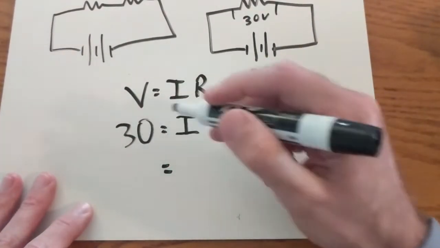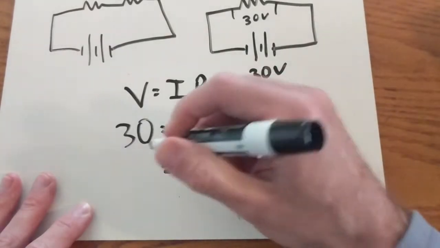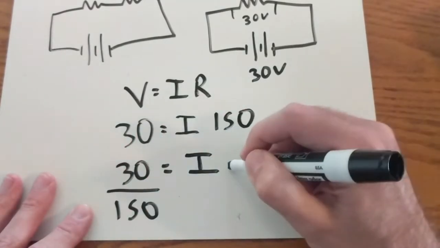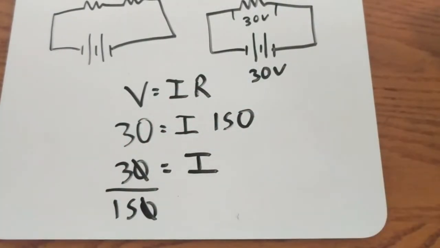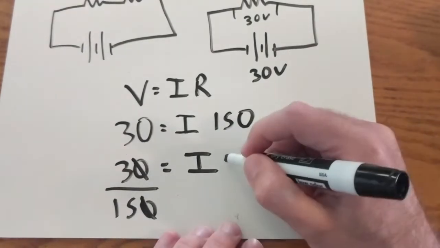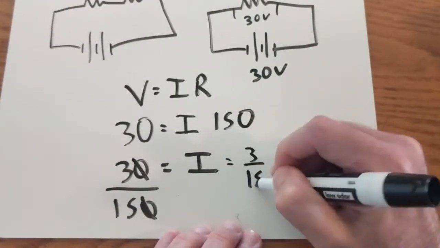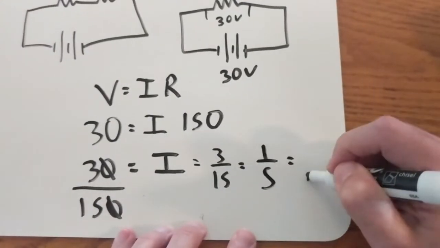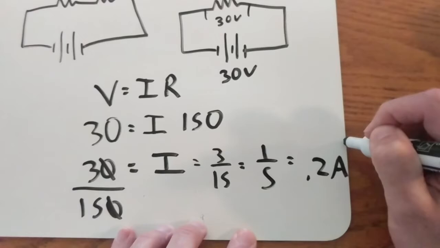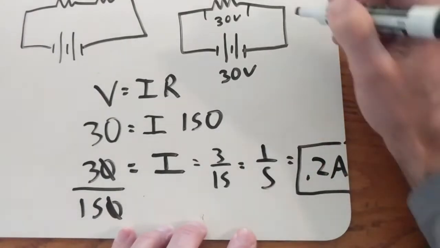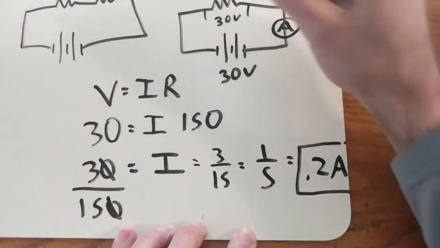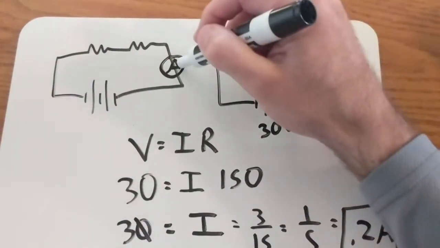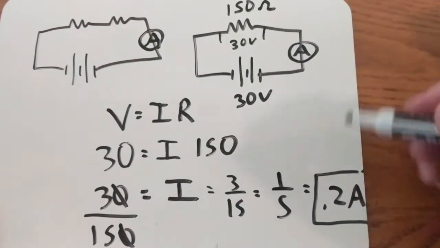The 150 is divided down over there, second grade algebra. 30 divided by 150 is, notice how those zeros will cancel out each other, 3 over 15, which is 1/5, which is 0.2 amps. So if we had an ammeter hooked up right here, or right here, we would see that it would read 0.2 amps.